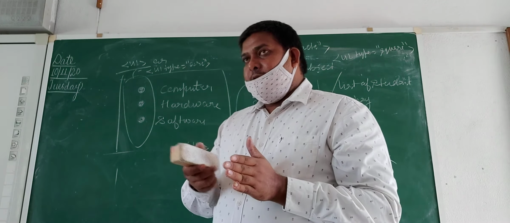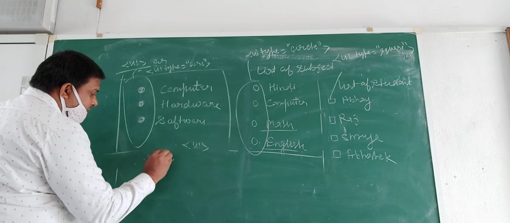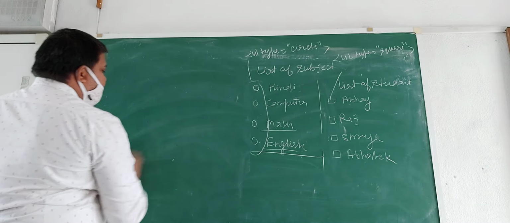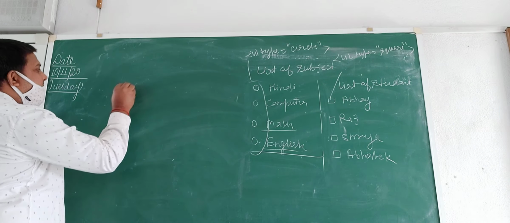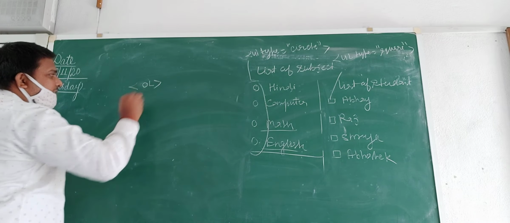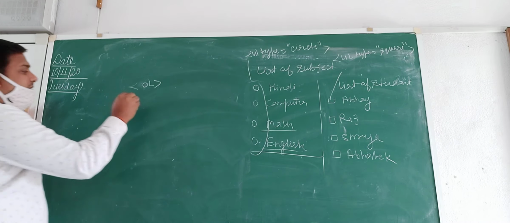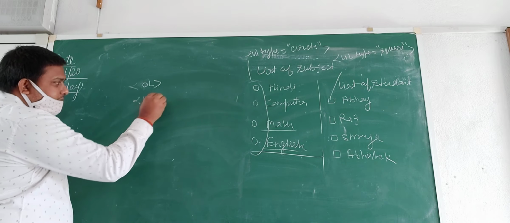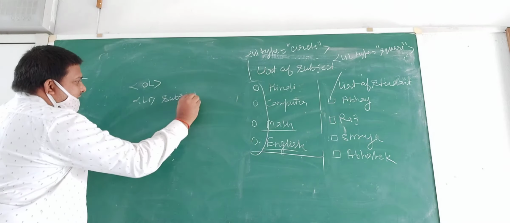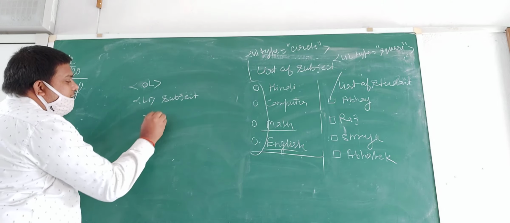Okay? Any doubt? Now one thing you must always keep in mind whenever we are writing UL or OL. Look here, I want to give you an example. We have written OL, and then LI subject.